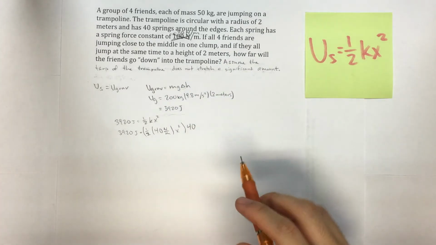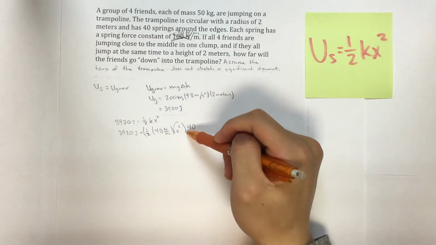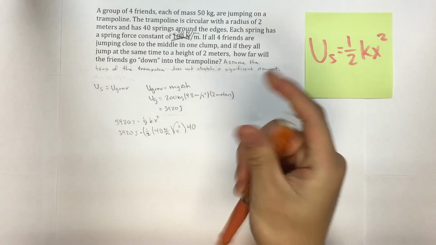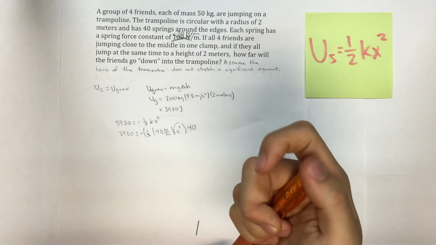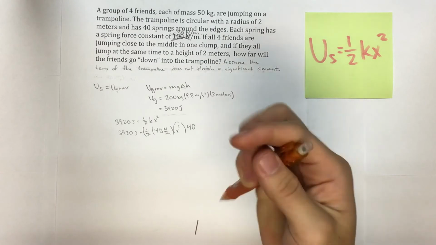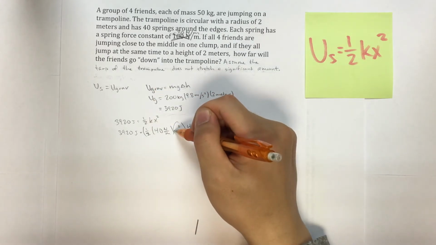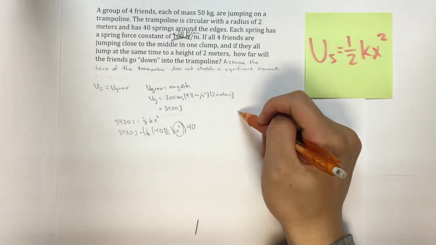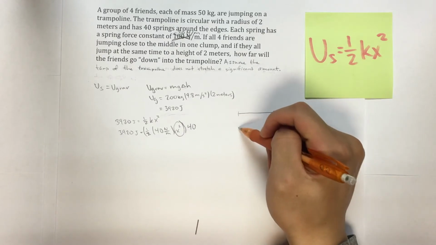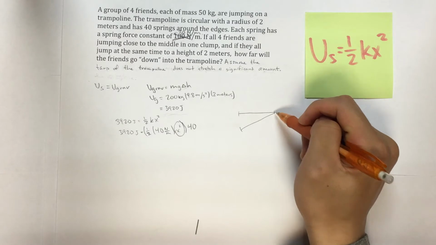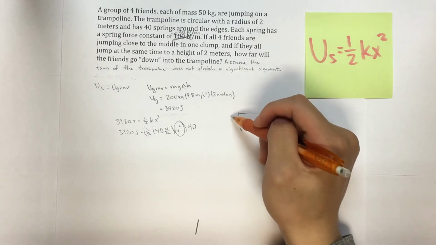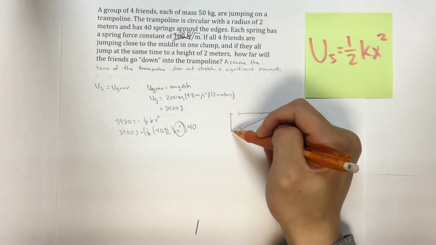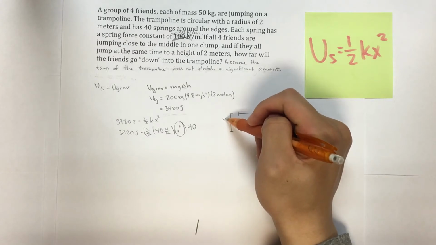We need to be careful, however, because the x squared, oh no, x squared is not actually the vertical displacement of the spring, but the displacement of the spring at an angle. We want to find out this value, which we will name y.